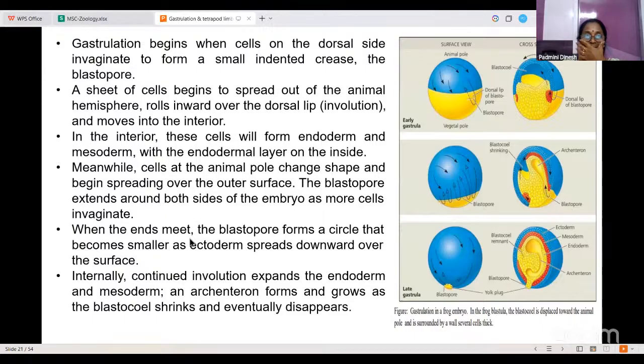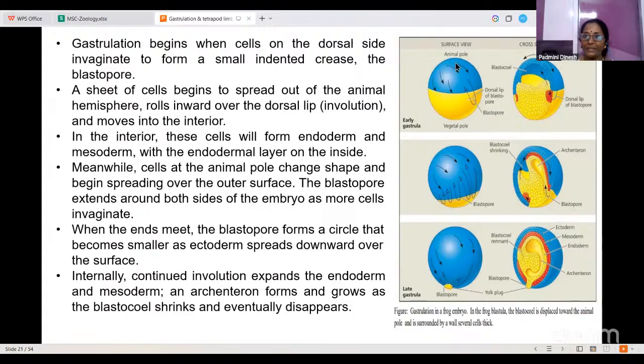So coming to what gastrulation is all about in the frog. Gastrulation begins when the cells on the dorsal side invaginate. So that's the dorsal side. They're going to invaginate to form a small dent or crease at the blastopore lip.